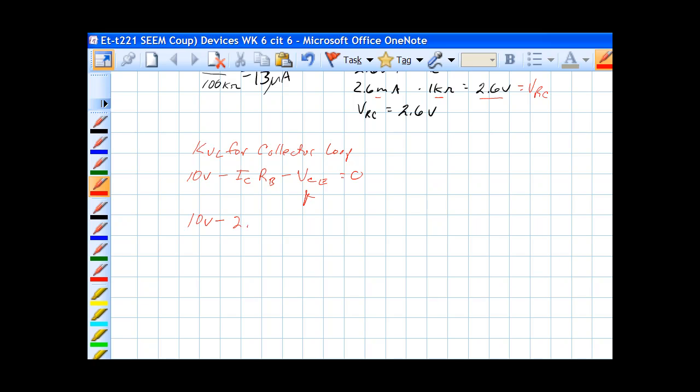So we have 10 volts minus 2.6 volts is equal to VCE. Okay, so we have 7.4 volts equals VCE. Oh, so if I increase the current on the base, then the transistor will actually reduce VCE because it'll allow more current to flow in that circuit.